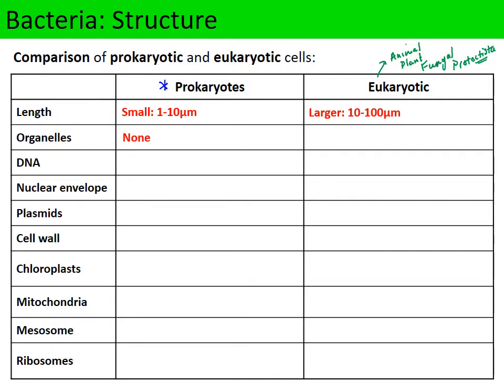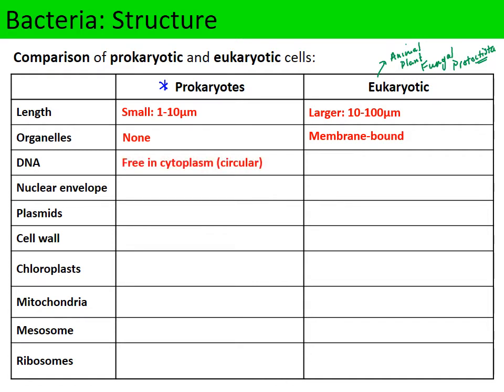A chloroplast, for example, would be a membrane-bound organelle you'd find inside certain plant cells like the palisade mesophyll. So we know eukaryotic cells do have membrane-bound organelles such as chloroplasts, like plant cells, mitochondria, or fungal cells, and plant cells and animal cells also have mitochondria, and obviously a nucleus.